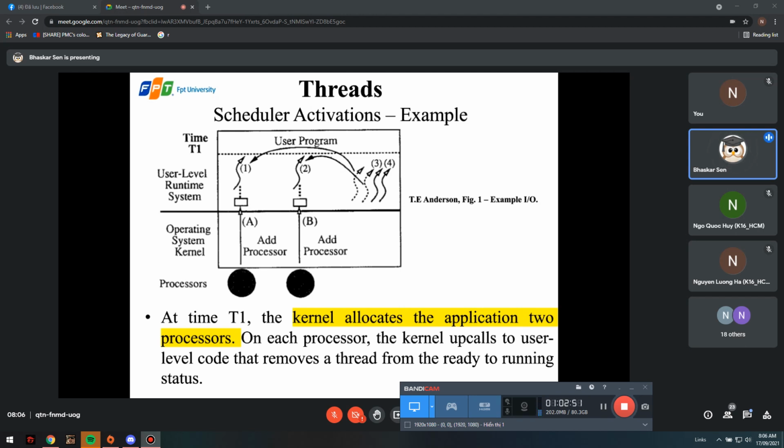Upcall is when kernel wants to send a message, an important message, to the user mode, especially related to scheduler activation in the hybrid mode of thread implementation. And it does so by using a pop-up thread.